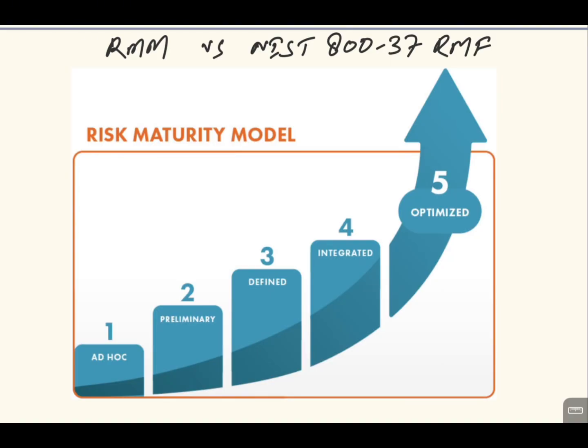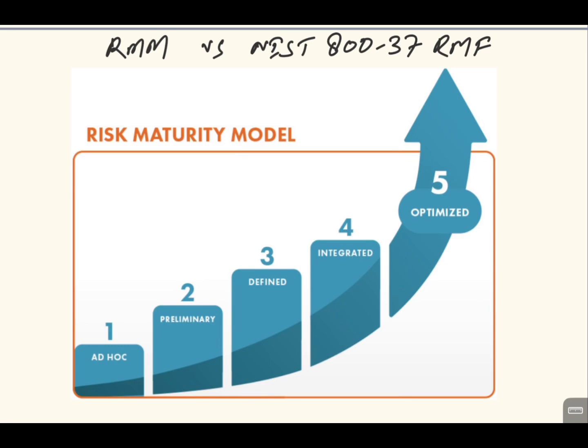When you prepare for the CISSP exam, these two topics, Risk Maturity Model and Risk Management Framework, create some confusion in your mind. What is the main difference between these two frameworks?